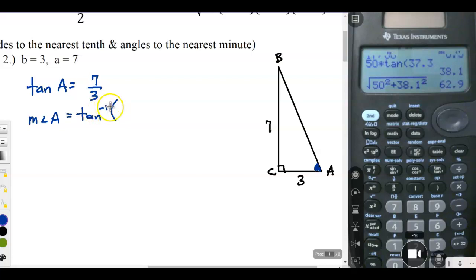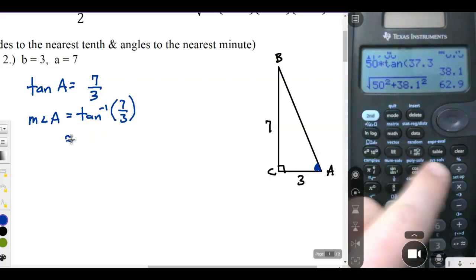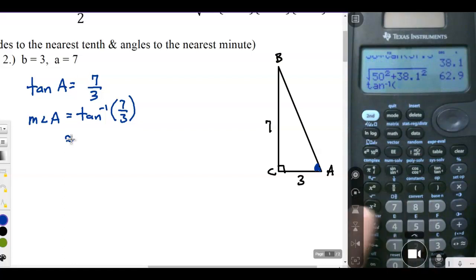That's how you know when to use this, if your answer is an angle. And it'll be approximately equal to arc tangent 7 over 3, 66.8. So what we just found is basically if we have a rise over run of 7 over 3, that makes this a 66.8 degree angle.